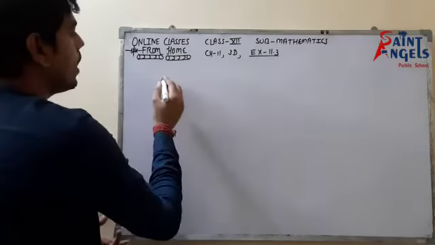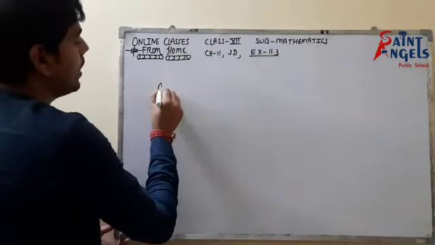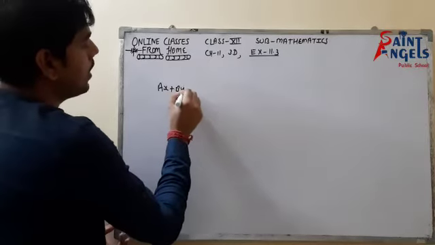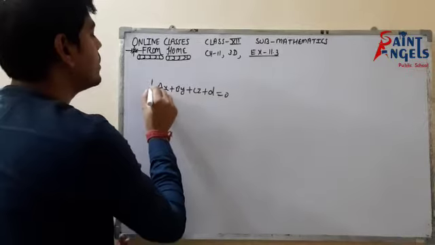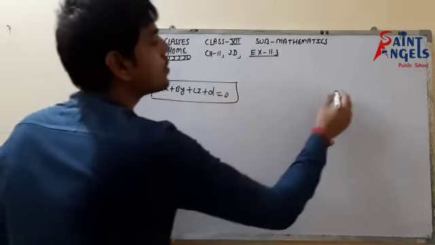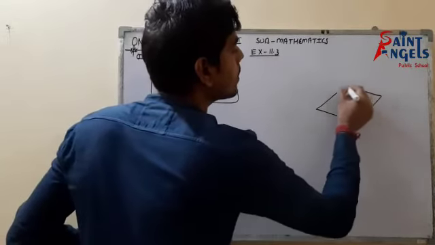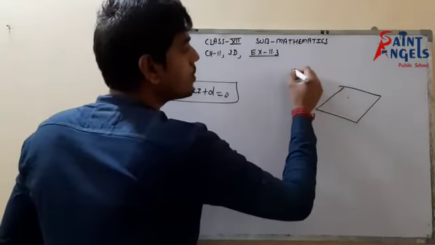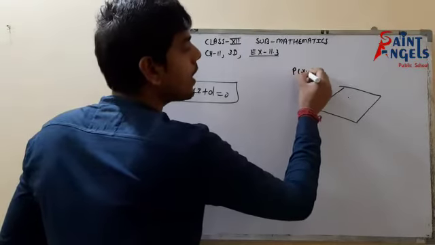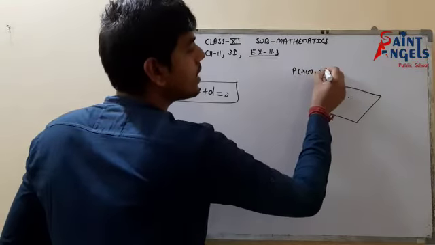Now suppose we have a plane ax plus by plus cz plus d equals 0. This is any given plane, and I have to find the distance of this plane from any random point (x1, y1, z1).